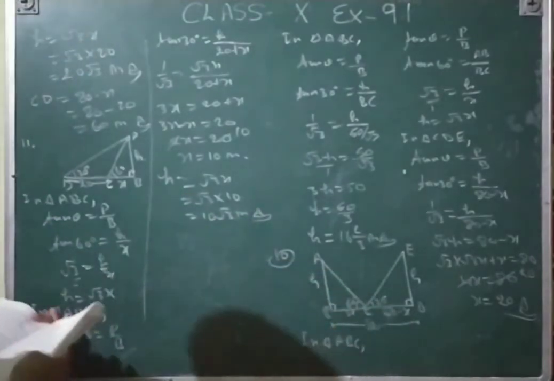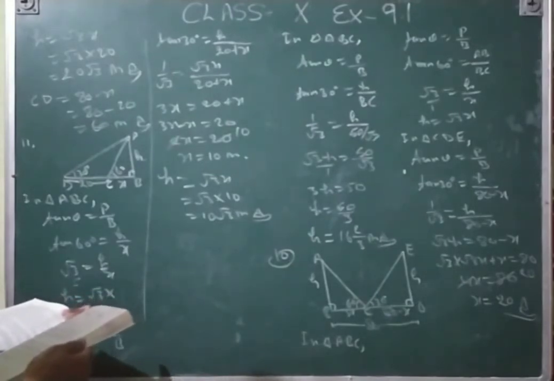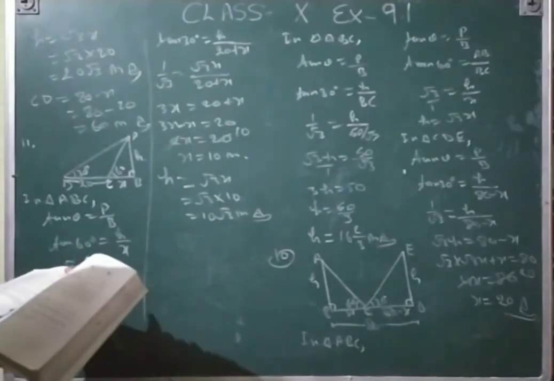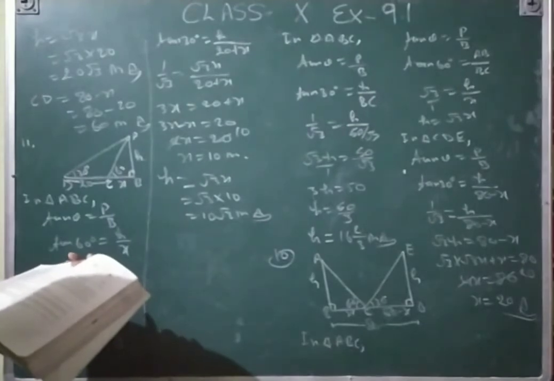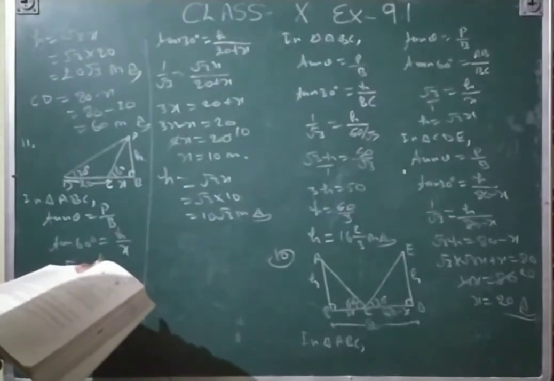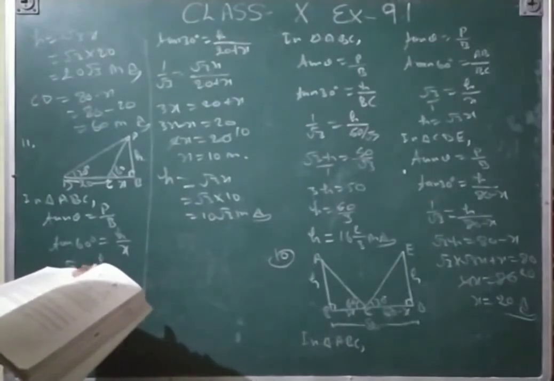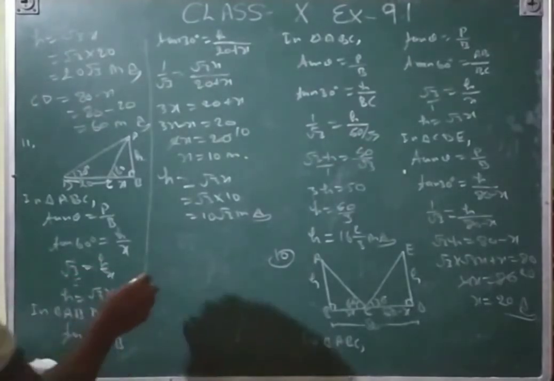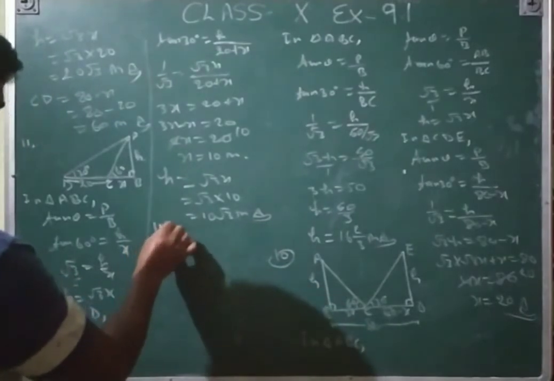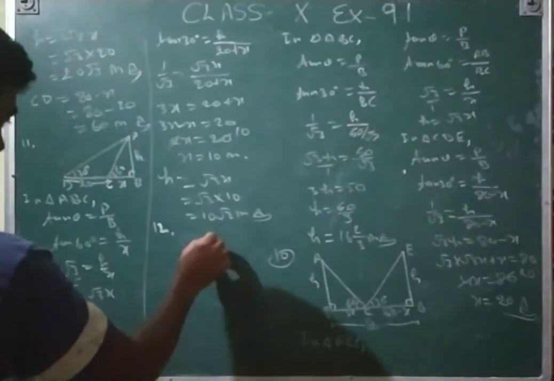And then the next question. From the top of a 7 meter high building, the angle of elevation of the top of the cable tower is 60 degree and the angle of depression of the foot is 45 degree. So that is the question.